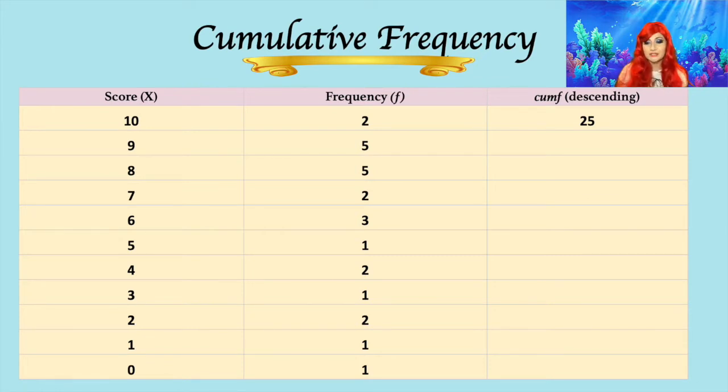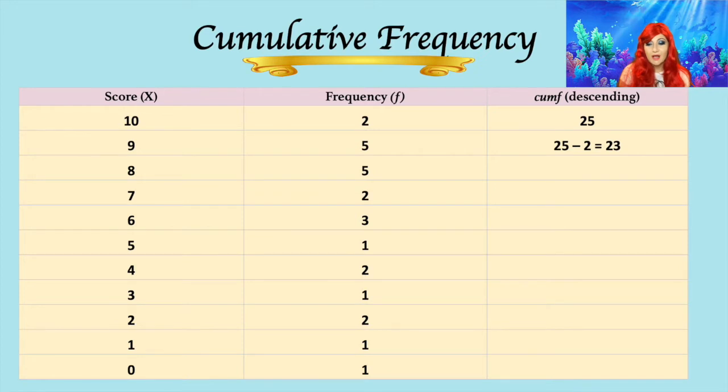From here, you're going to subtract each frequency from the total. So if our total frequency is 25, 25 minus 2 will give us 23. All I've done is take the 25 total and subtract 2, which is the frequency in the first line. From there, I get 23.